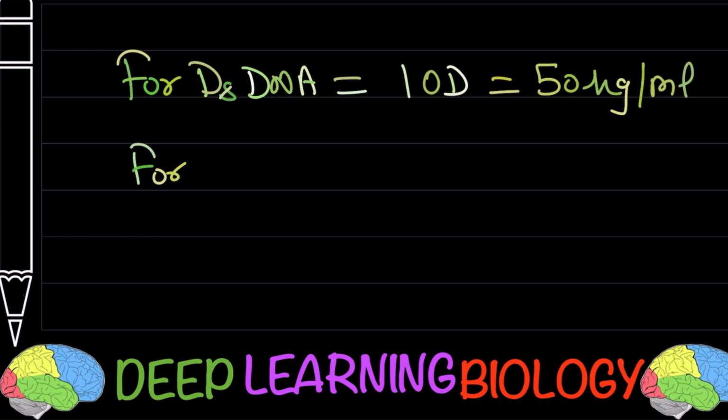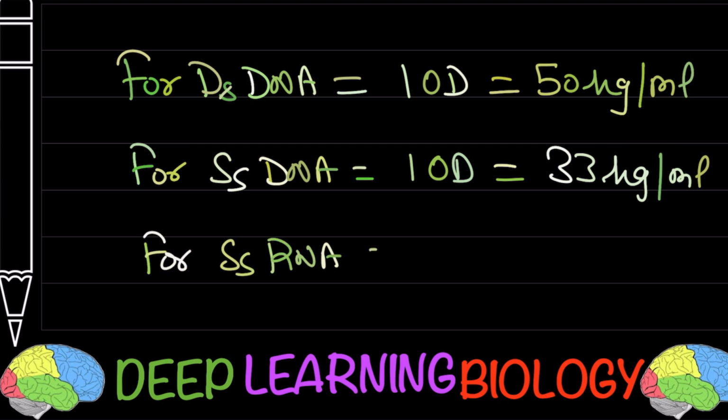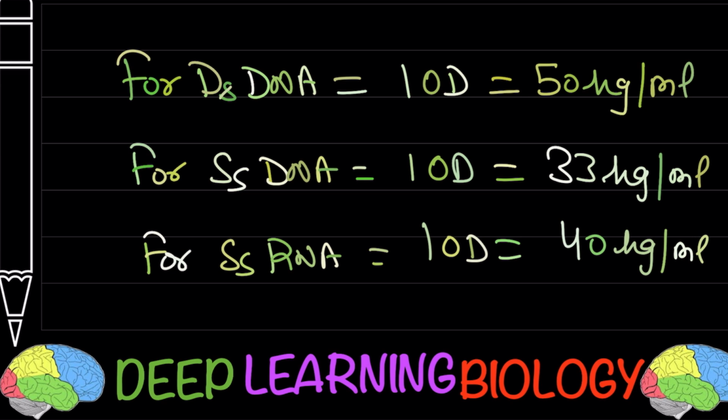For single stranded DNA, 1 OD is equal to 33 microgram per ml. And for single stranded RNA, keep in mind, 1 OD is equal to 40 microgram per ml. Okay, keep these points in mind.